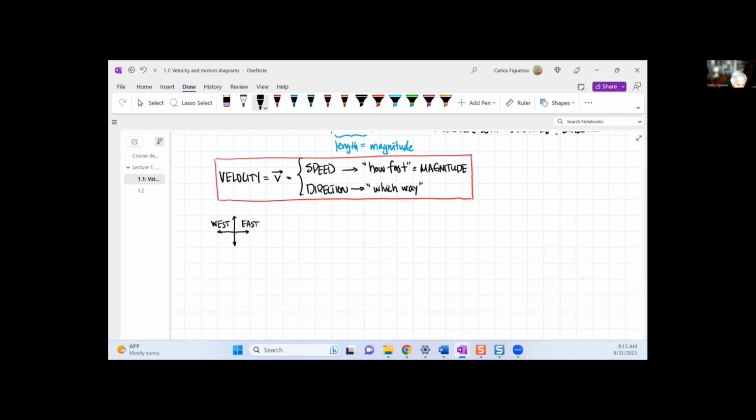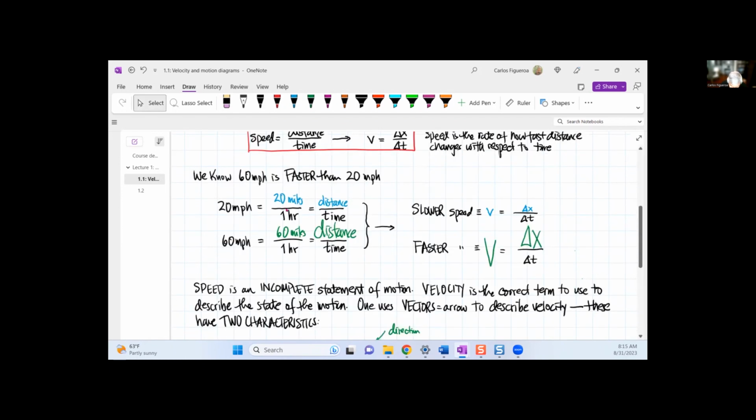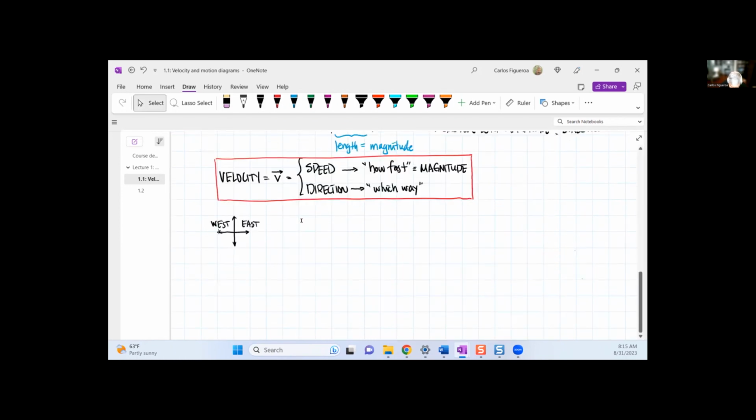So let's say I have a vector that's 20 miles an hour. Let's see if I can be color coordinated. I use blue for 20. Okay. So let's say we already know that I had a blue vector earlier that was 20 miles an hour, and it was moving, let's say, east.